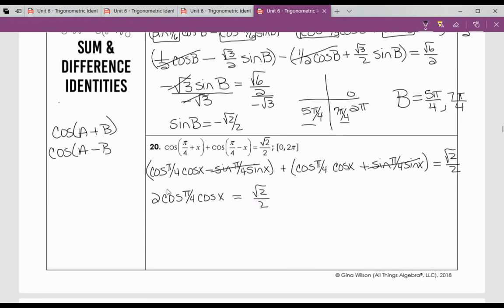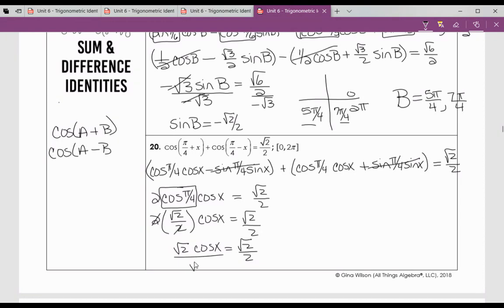So what I can do here is take cosine of pi over 4 and replace it with its value of square root 2 over 2. I'm going to cancel the 2's. So that leaves me square root of 2 cosine x equals square root 2 over 2.